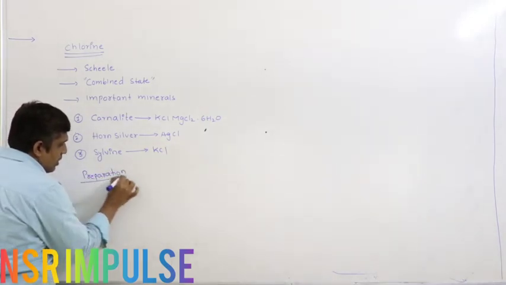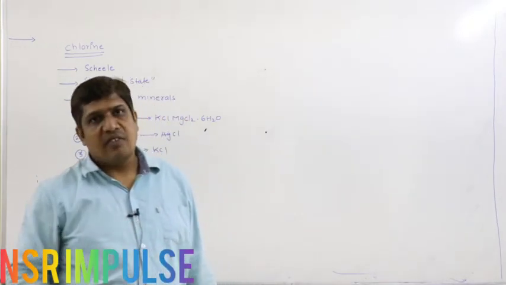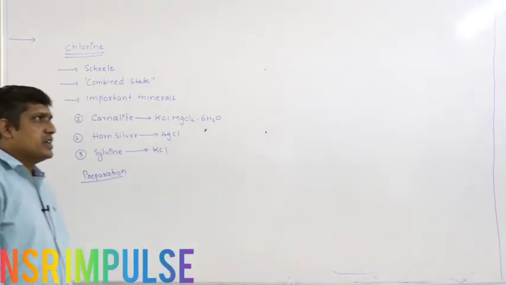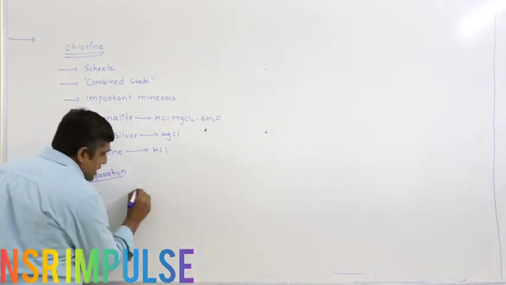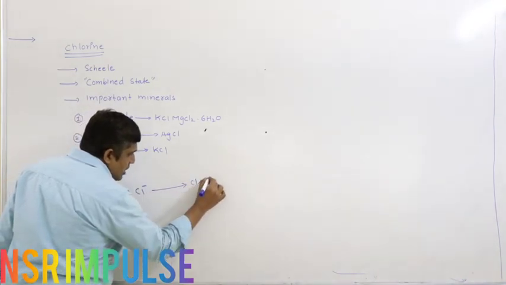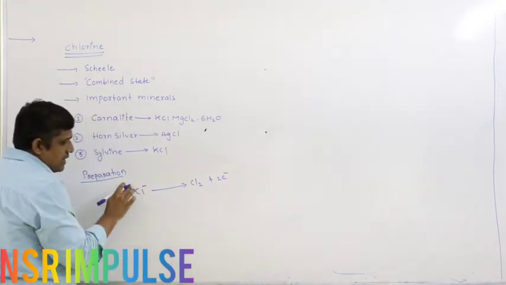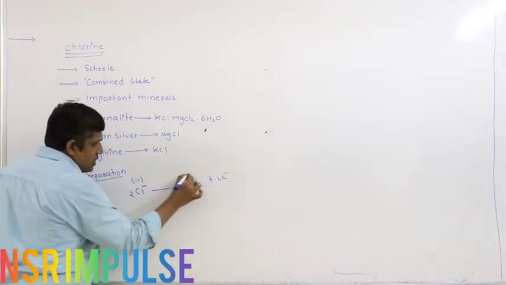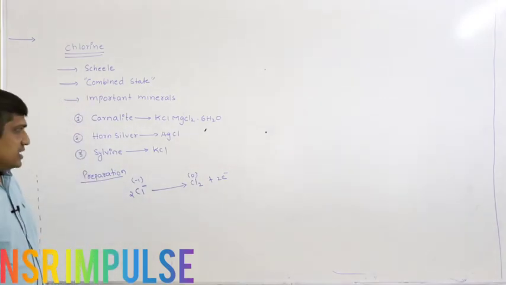Chlorine mostly exists in combined state because of high reactivity. In combined state, in any of its minerals or salts, it is present as Cl minus. Our aim is to convert it into Cl2. That means we have to remove 2 electrons. So Cl minus, that is minus 1 to 0, should be oxidized.